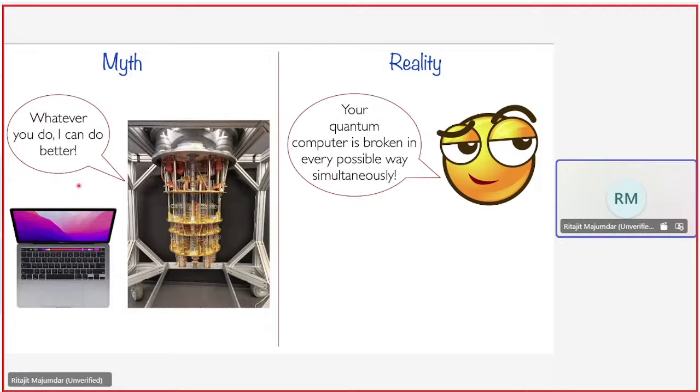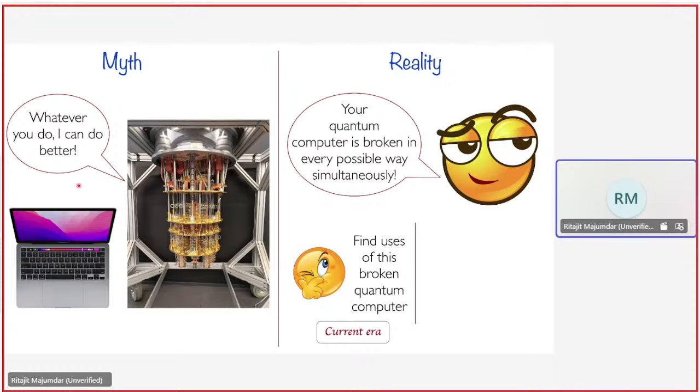The reality is that you can come and tell me that IBM has a quantum computer. I agree, but your quantum computer is broken in every possible way simultaneously. And that's true. So what do you do with that? You can do two things. First, you can acknowledge that there are a lot of issues with the current quantum computer. When I say issues, it mostly means noise.